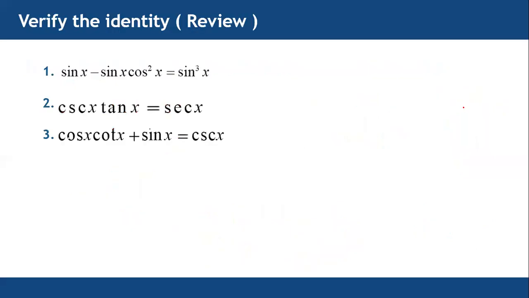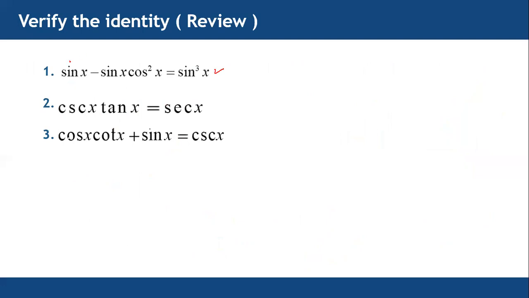Okay, these are actually reviews. So one question from your review. First we have sin x minus sin x cos square x equal to sin cube x. So left hand side and right hand side.